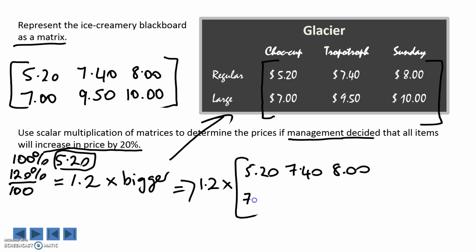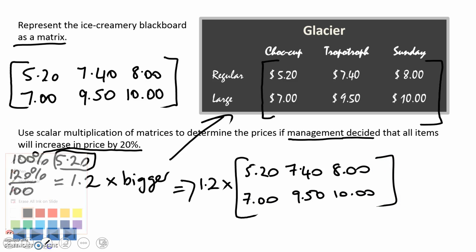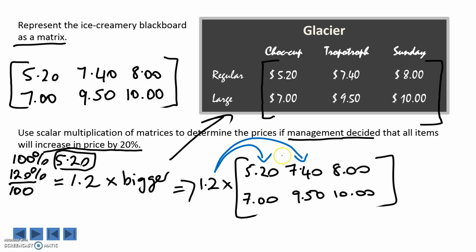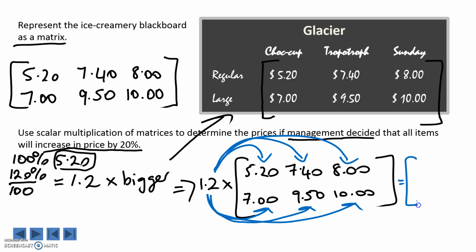Keeping everything in neat rows and columns. Again, we are going to be multiplying the 1.2 by everything in the first row, and then we'll do our second row. And so our answer will look something like this. 1.2 by $5.20 is $6.24. 1.2 by $7.40 is $8.88.